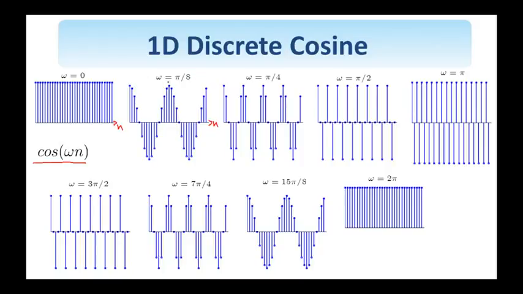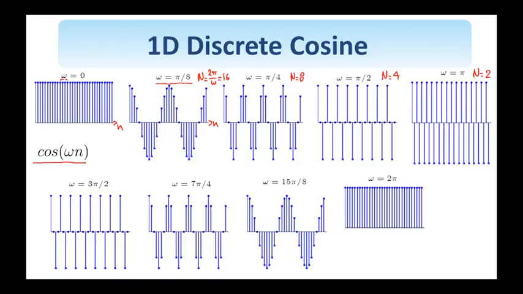So for example, here for omega equals pi over 8, the period is 2 pi over omega, which is equal to 16. The period here is equal to 8, equal to 4, equal to 2, and so on. So the period keeps decreasing as you move to the right, therefore the frequency keeps increasing.